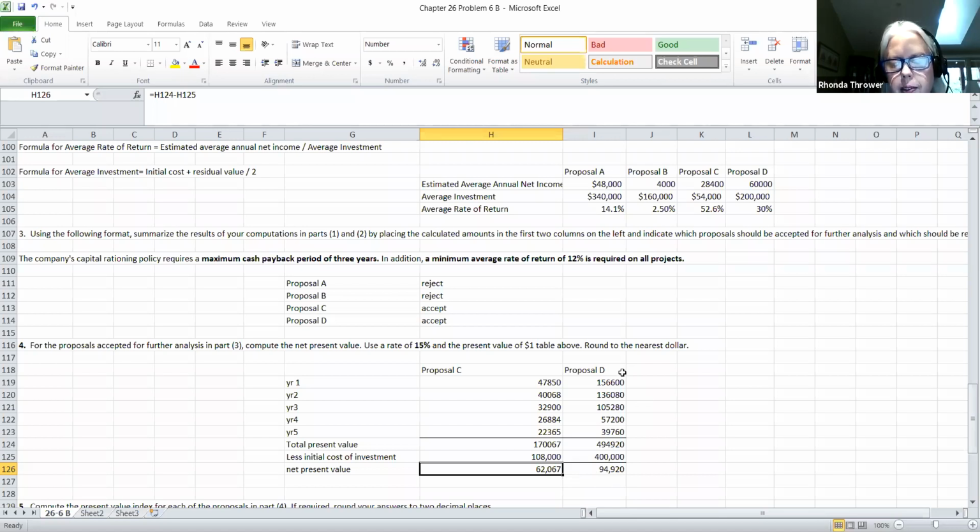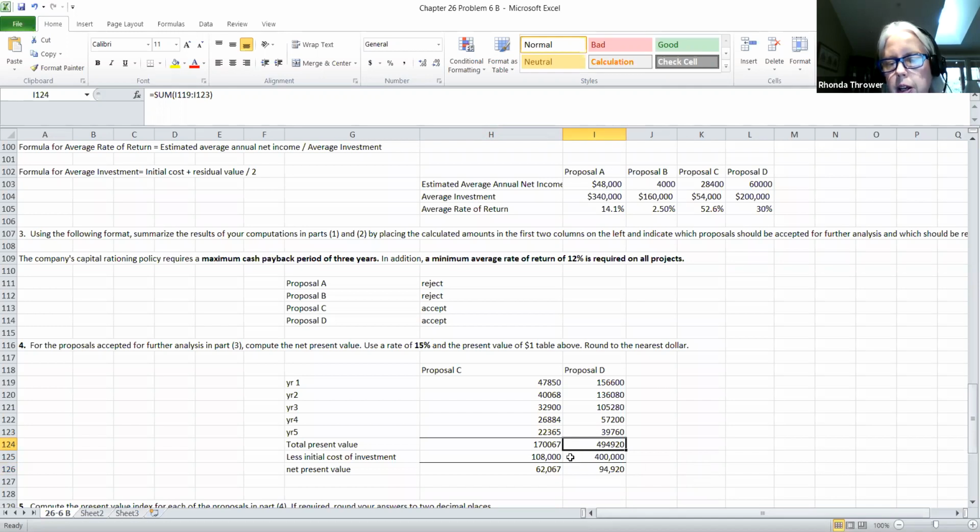For proposal D, we do exactly the same thing. We take our cash flow that we are expecting for proposal D in each year and multiply it by the table value amount at 15% interest. Once we have done that for each year, we add it up to get a total present value of 494,920.